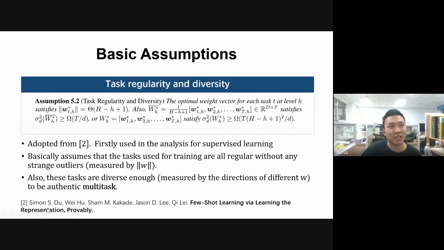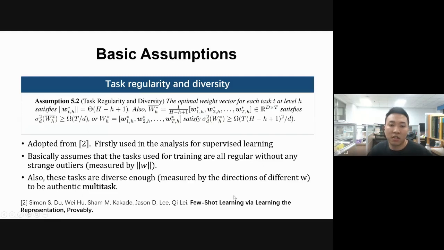As you know, learning a Q-value function for a linear MDP is equivalent to learning a constant vector W, so each task is parameterized by a simple weight W. The first property we require for the task is regularity, which means all these W should be constant bounded, without any strange outliers. For example, there is no task with an arbitrarily or ridiculously large norm of W. And second is diversity.